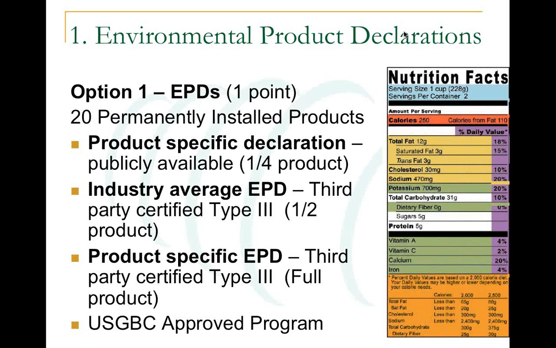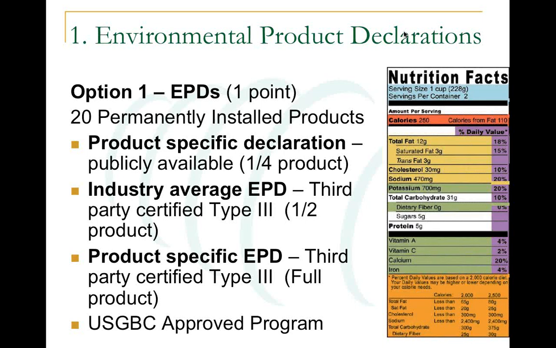So the plant has a concrete mix and creates an EPD from that mix that looks at all the impacts from that particular plant. That is a full product EPD. Or there's some other USGBC approved program that would help get to that. So that is option 1.